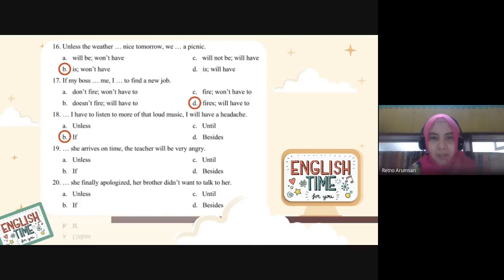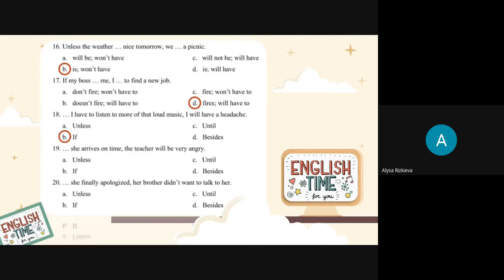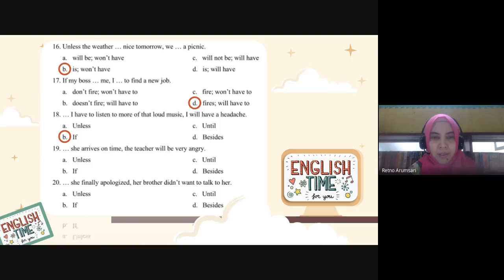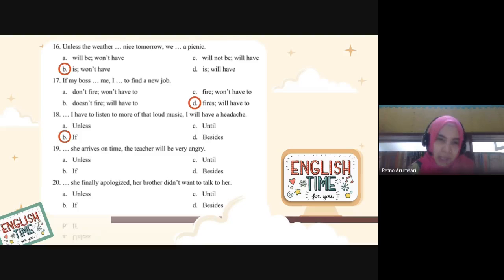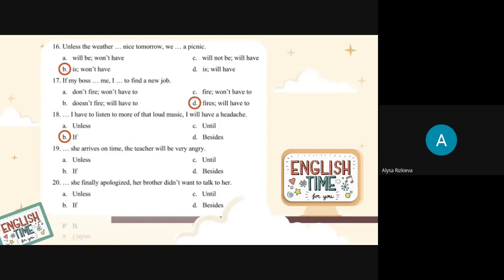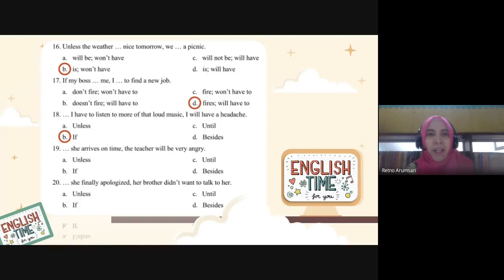Okay, number 19. If she arrives on time, the teacher will be angry. All right. If she arrives on time, will the teacher be angry?